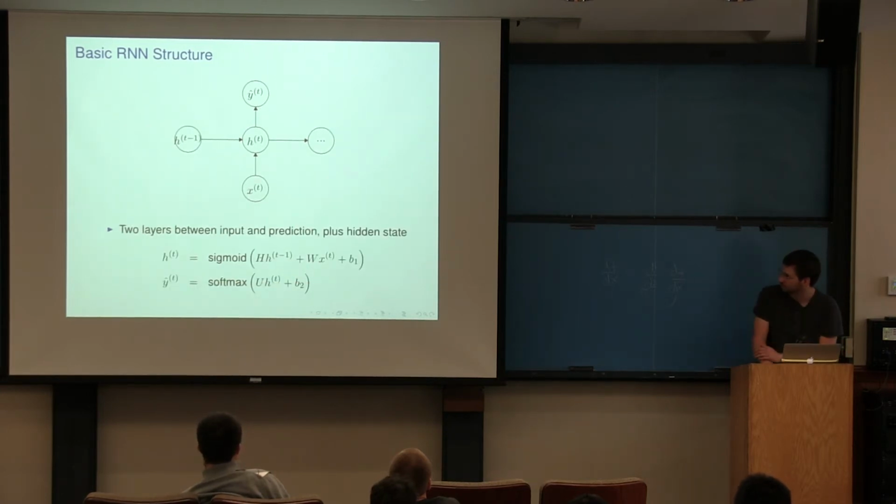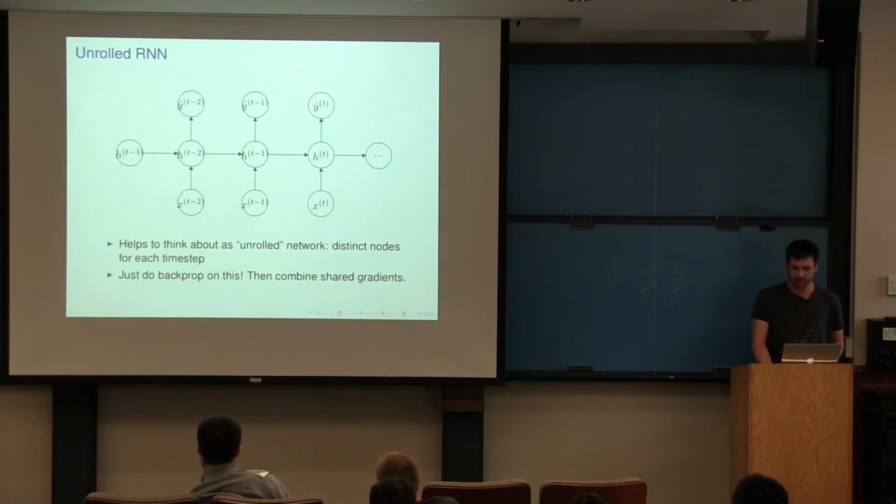So these are the equations for it. You've pretty much seen these before. And sometimes to analyze this, it helps to unroll it in time. So you can think of this as a dynamic thing. It can go over sequences of different length because the recurrence defines how it's going to behave there.